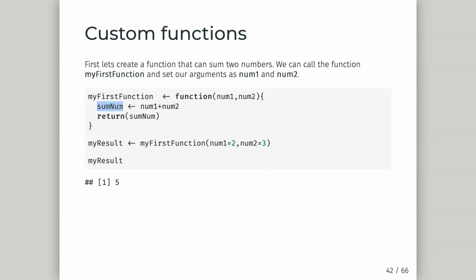And then we're going to return that back to the user, back to ourselves. Once I've created this function, I'm going to run it, giving num1 the value 2 and num2 the value 3. Now when I run this, it should pass back sumNum, which should be 2 plus 3. And that's exactly what it does. It gives me the result 5.